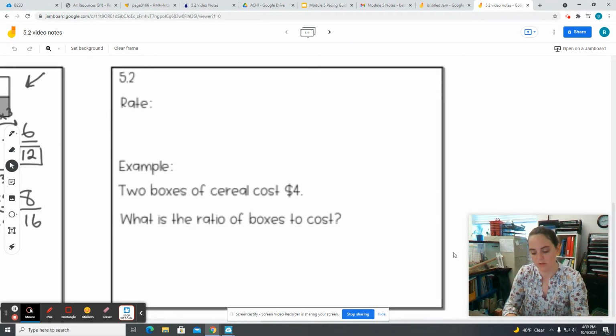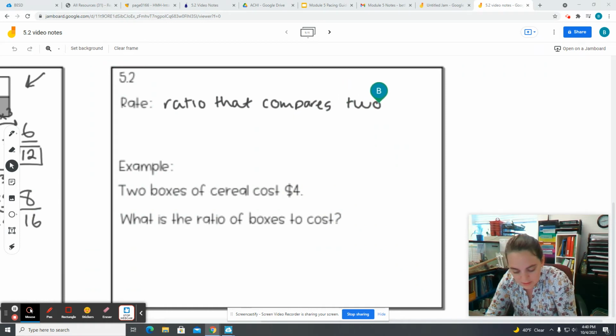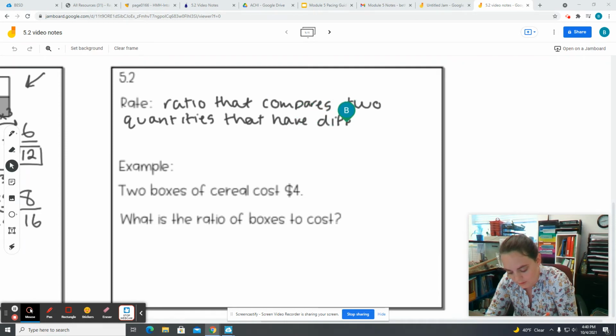Okay. Now our next definition is rate. A rate is a type of ratio, okay? A rate is a ratio that compares two quantities that have different units.